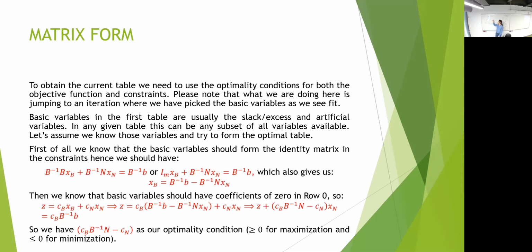But their calculations give us the table at the iteration where these values are basic variables. The B, the N, the CB, the CN, they are always from the initial table, the initial model, but the multiplication over here, B inverse times B, B inverse times N, they are always from the iteration where those two are the basic variables.